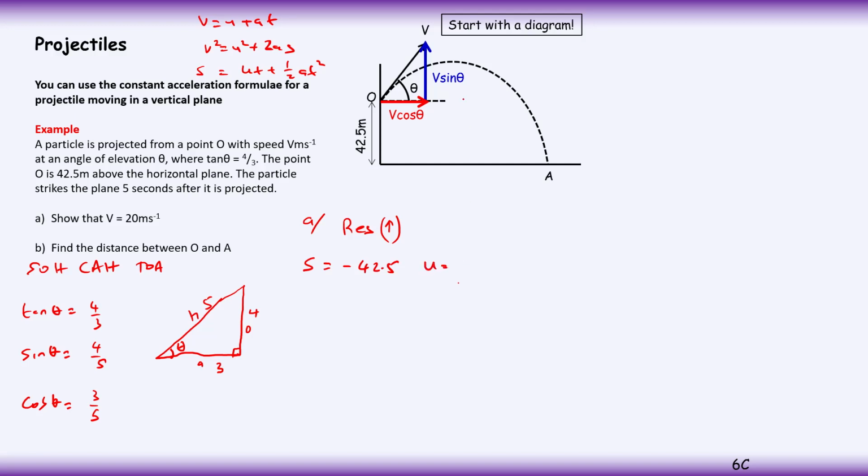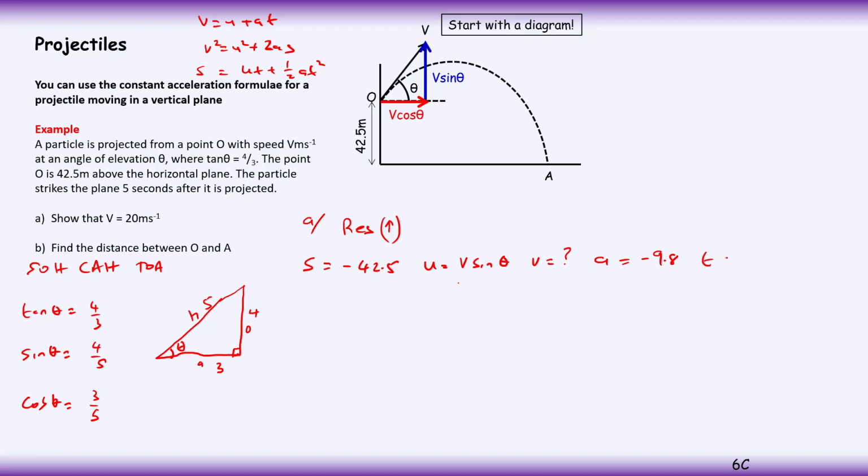u is equal to v sine theta. We don't know what v is, there's a question mark. It's a very dodgy looking question mark. I'll just improve that. That's better. a, acceleration due to gravity, is minus 9.8.